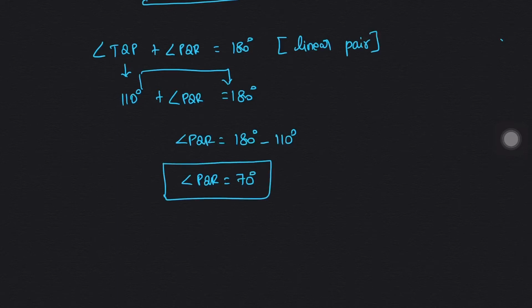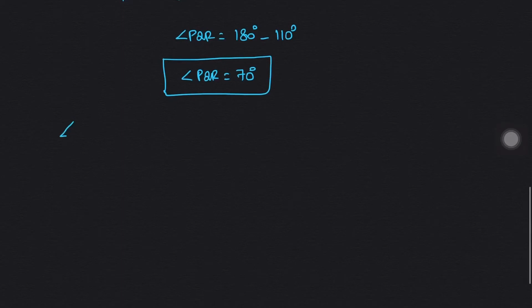Then consider a triangle. The sum of all interior angles is equal to 180 degrees. So consider triangle PQR. The sum of all interior angles, angle QPR plus angle PQR plus angle PRQ, is equal to 180 degrees.